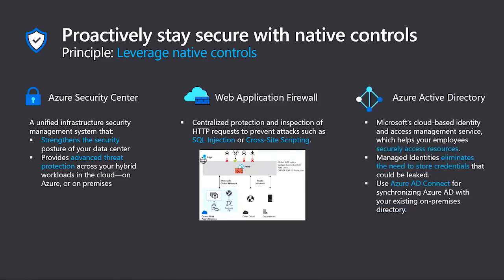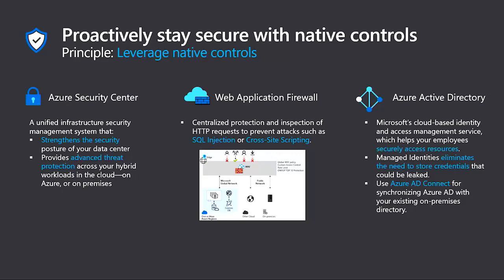And then we also have Azure Active Directory. This is Microsoft's cloud-based identity and access management service, which helps your employees securely access resources that you're running in your Azure account. Azure Active Directory provides managed identities, which eliminates the need to store credentials that could be leaked.